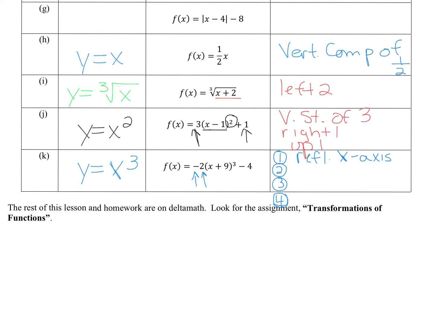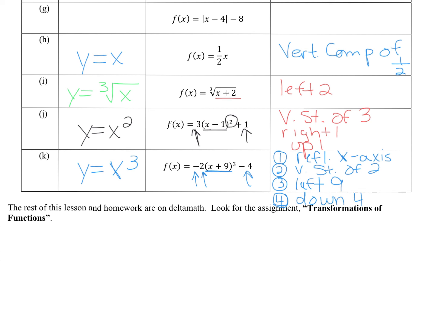Right, it's not on the x in the parentheses with the cubed, it's in the front. The 2 in the front is a vertical stretch of 2. The +9 is left 9. And then the -4 is down 4.